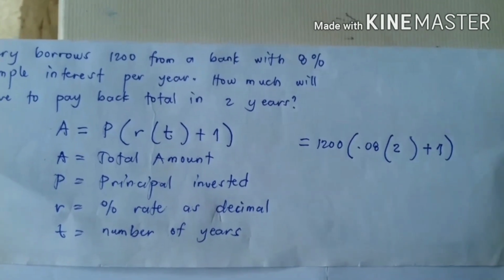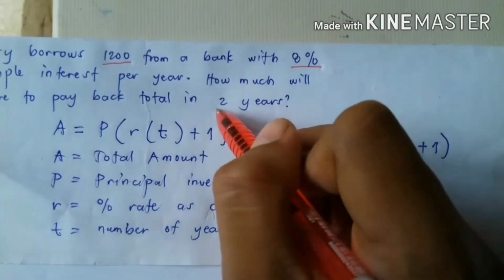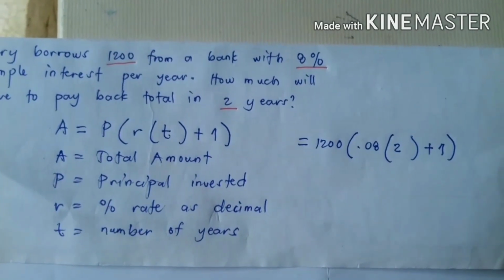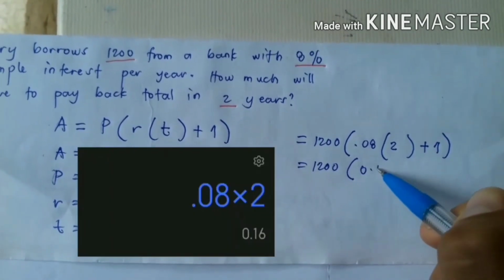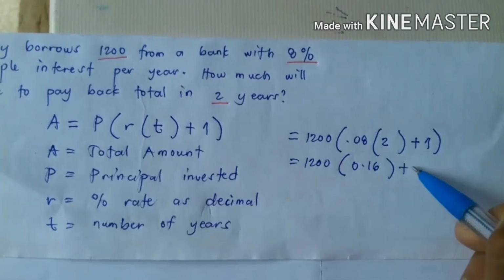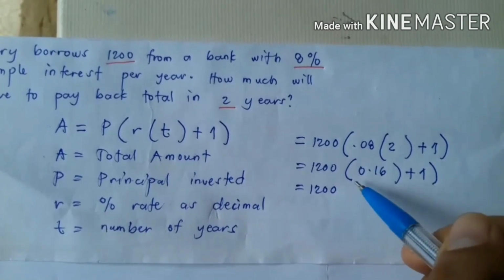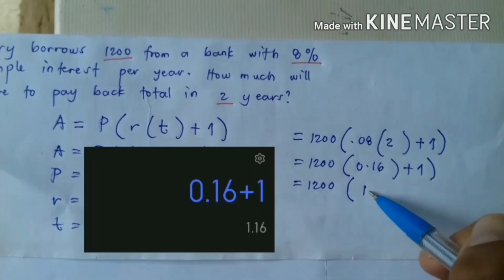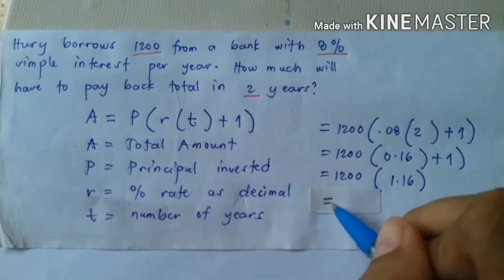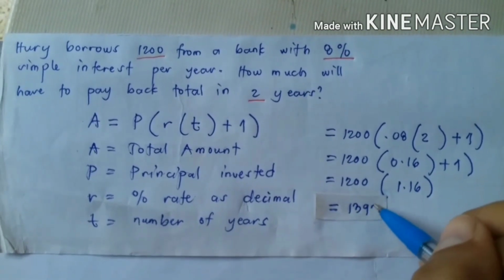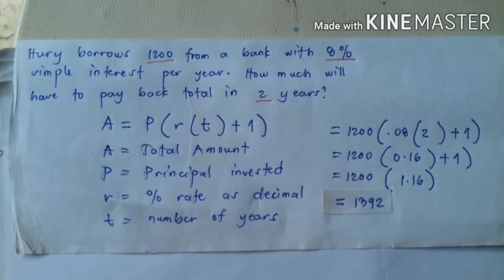Operate on the numbers in parentheses first. 1,200 is the principal, 8% is the rate, 2 is the number of years. 0.08 times 2 is equal to 0.16. 0.16 plus 1 is equal to 1.16. 1,200 times 1.16 is equal to 1,392. The total amount to pay is 1,392.